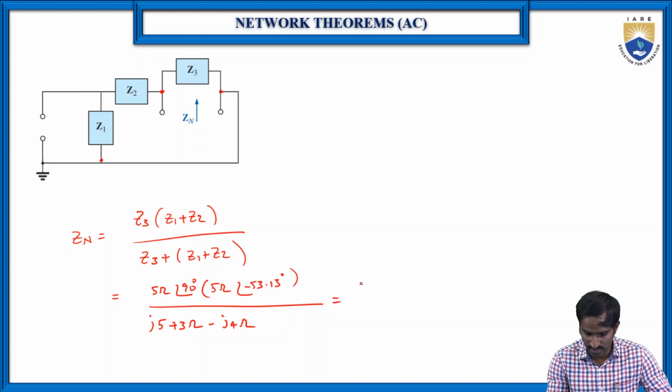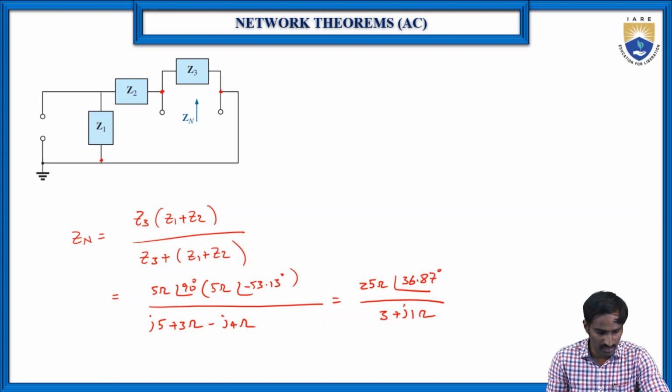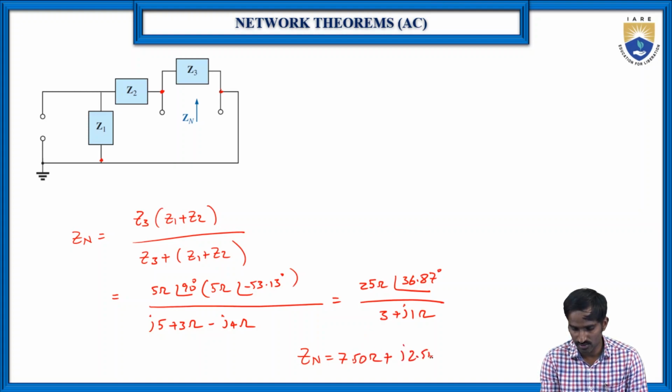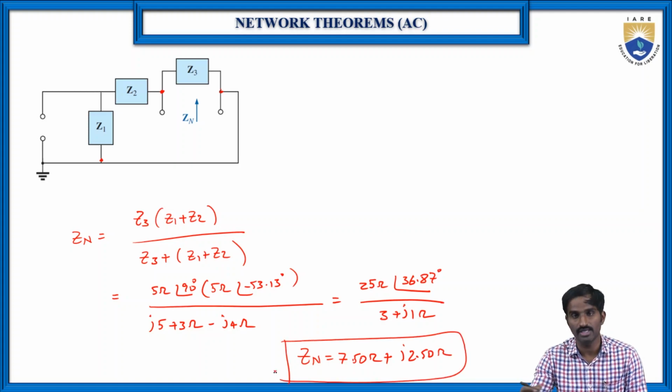If you simplify this, you get 25 ohms at an angle of 36.87 degrees, divided by 3 plus j1 ohm, because j5 minus j4 is plus j1. Finally, Zn, if you simplify and convert into rectangular form, is 7.50 ohms plus j2.50 ohms. This is the Z Norton's value.